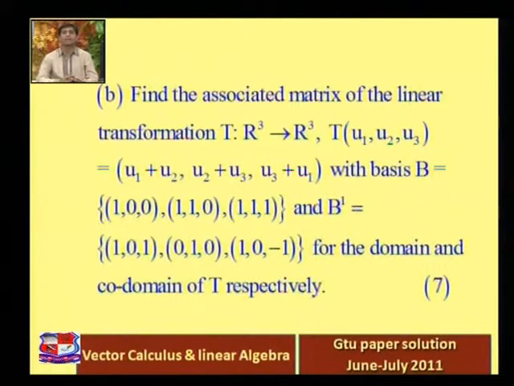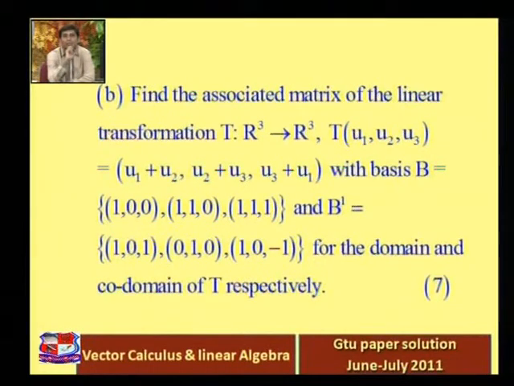So here we want to find the associated matrix of the linear transformation T from R3 to R3, and the transformation is already defined: T of (u1, u2, u3). You have the basis B dash for the codomain, V1, V2, V3, and T of (u1, u2, u3) is equal to (u1 plus u2, u2 plus u3, u3 plus u1).